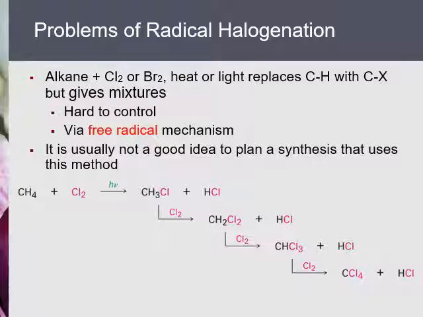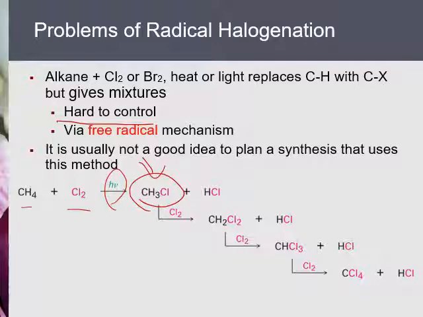As we just showed in the last few slides, under UV light, methane and chlorine undergo radical halogenation reaction, and in the product one of the hydrogens is replaced by chlorine. However, radicals are extremely reactive, and therefore radical halogenation is usually hard to control. The reaction does not stop at this stage.